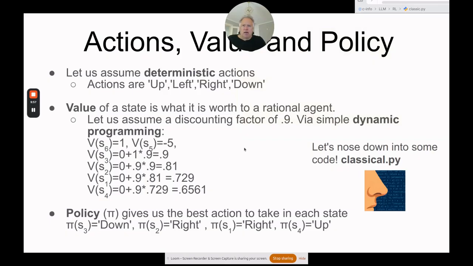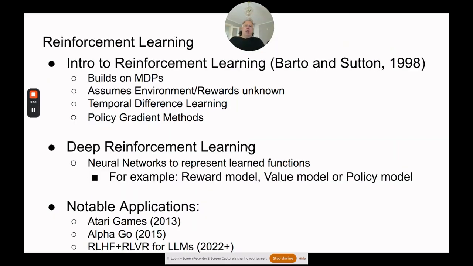So that was that. What's the problem with this? The problem with the classic method, of course, is that it doesn't scale. It's got the curse of dimensionality. Okay, so reinforcement learning: MDPs go all the way back to the 1950s.